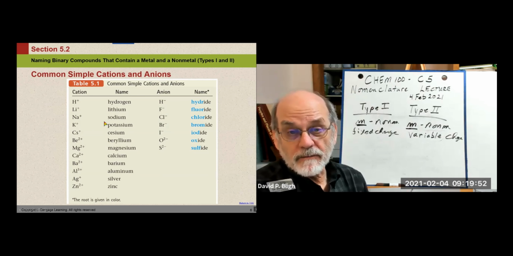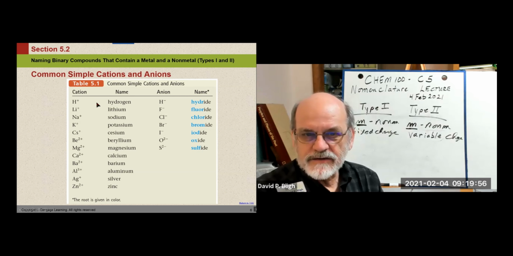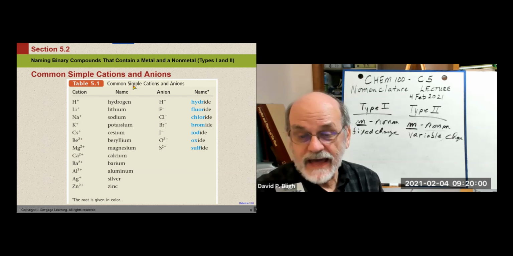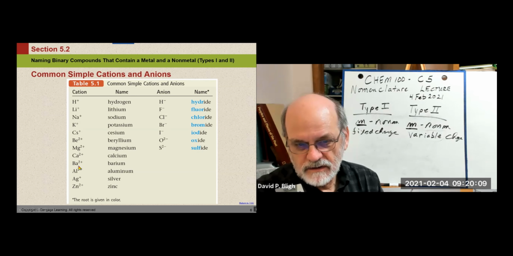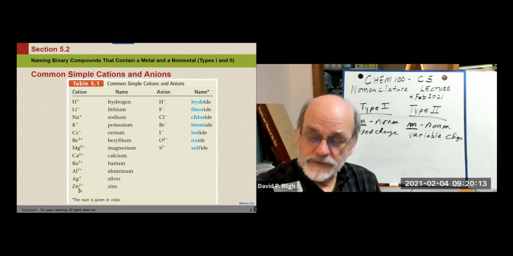Well, this is a table that came out of your book. And these are the common cations and anions. Notice that some of them, like these, are fixed charge, right? Then when we get down to silver and zinc, those are also fixed charge.